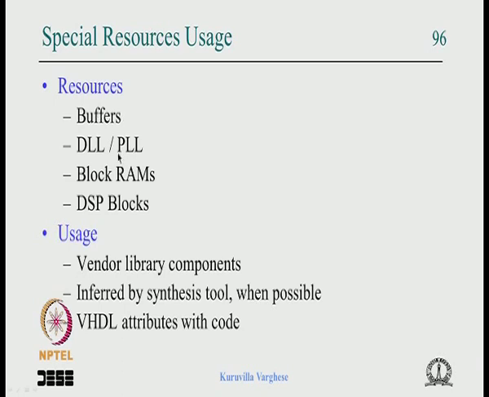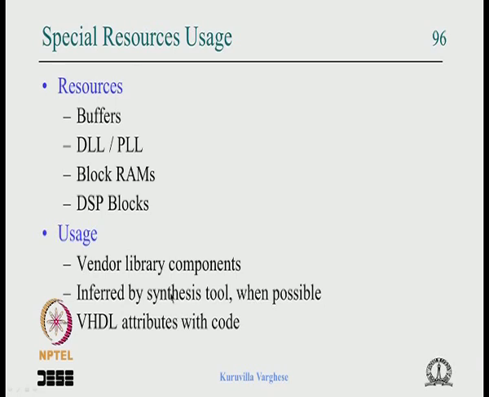You have buffers, DLL, PLL, DCM, block RAM, DSP blocks. All this can be instantiated with the vendor library components, or in the case of Xilinx you have the CoreGen tool which can generate the template code for instantiating it. Sometimes you write code and the synthesis tool infers that it's a memory and puts it in block memory, or this computation can go into a DSP block.